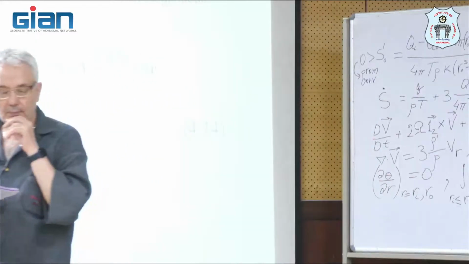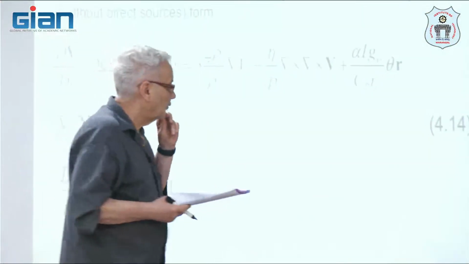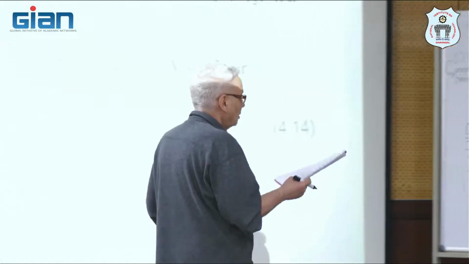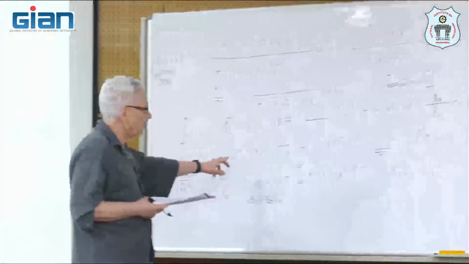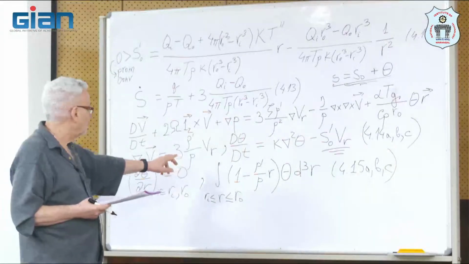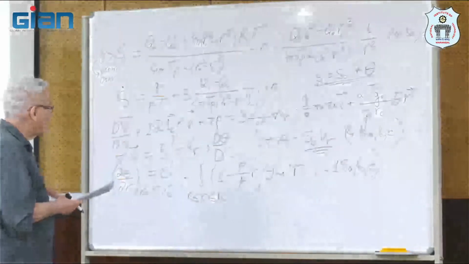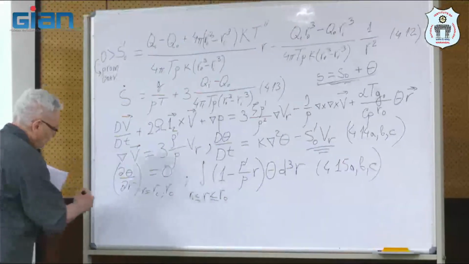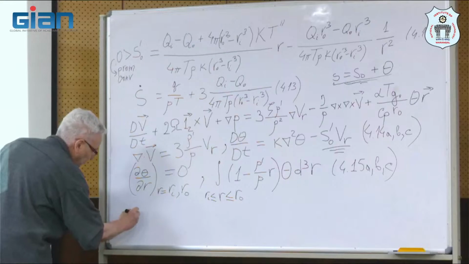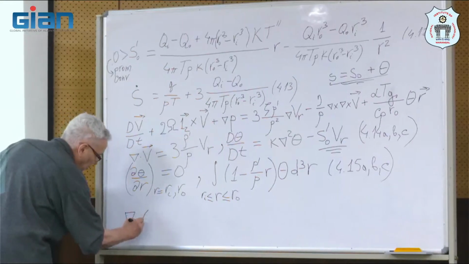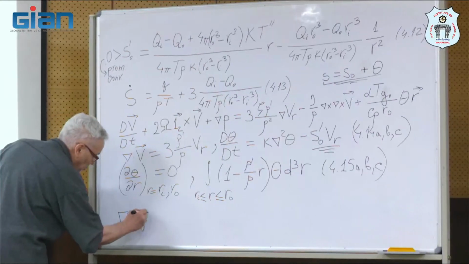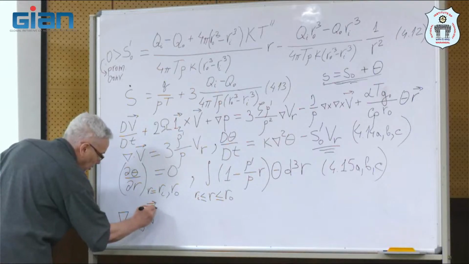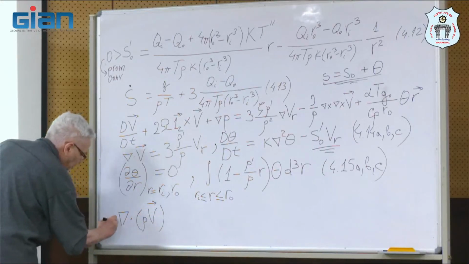Sir, 4.14b, the continuity equation. Can you comment on that once? This 4.14b, originally it looked like that: we have this equal to zero.